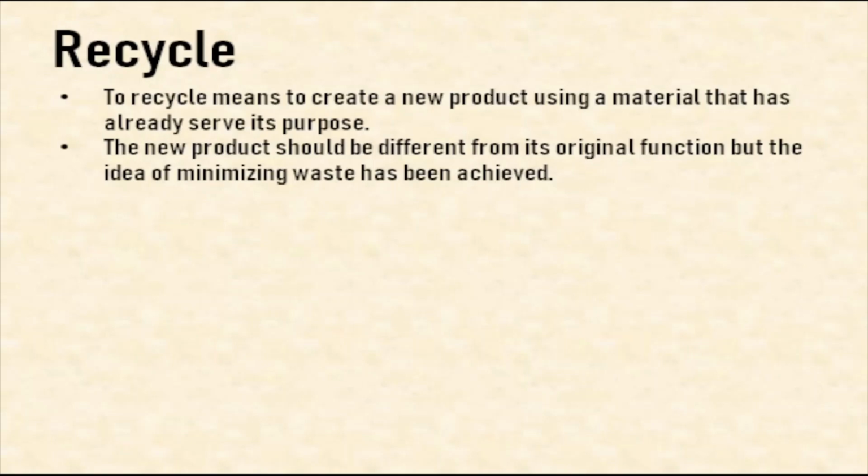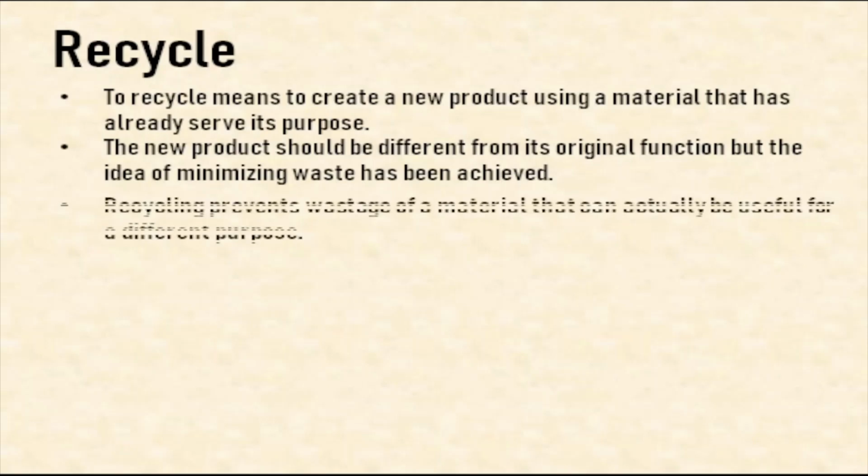However, stained glass bottles can be recycled to form a new product like bottle chimes or paperweights. Instead of reusing the bottles, a new product may be formed in recycling. Its new purpose should be different from its original function, but the idea of minimizing waste has been achieved.